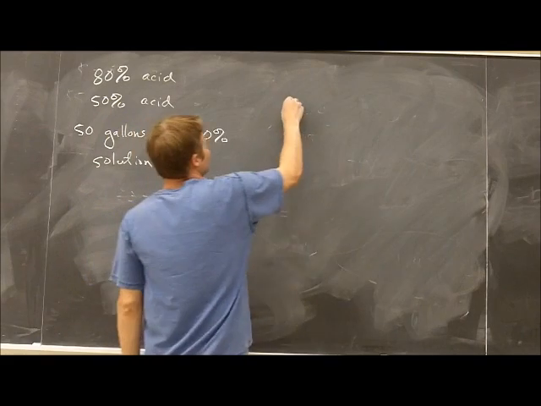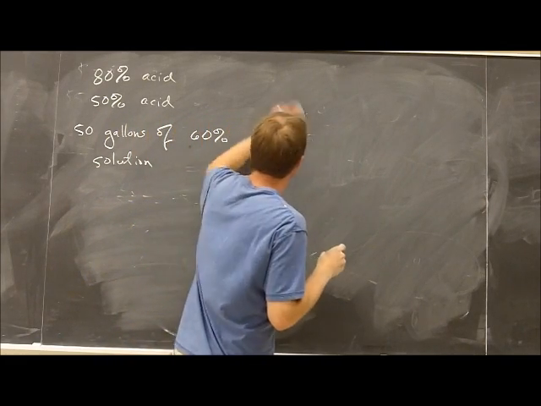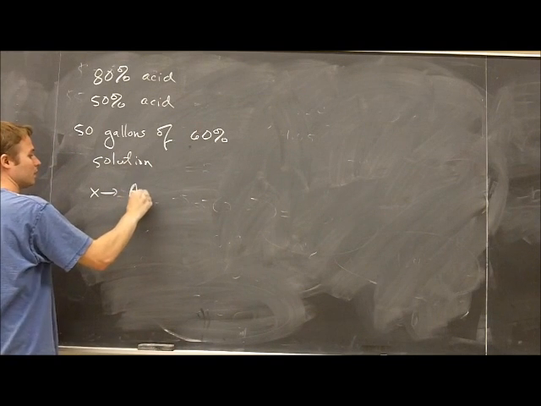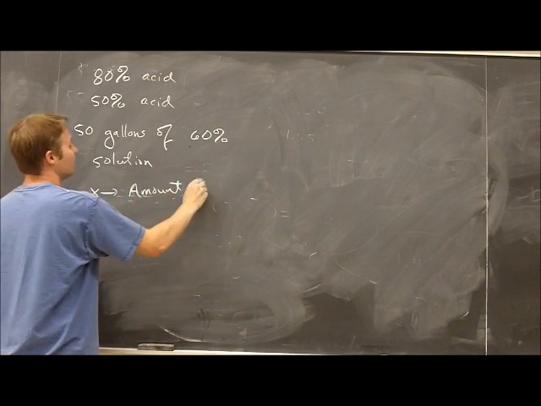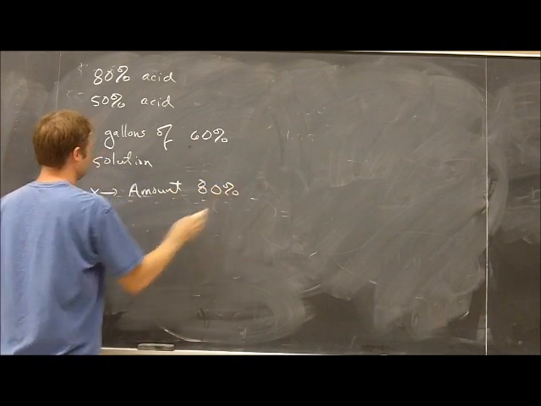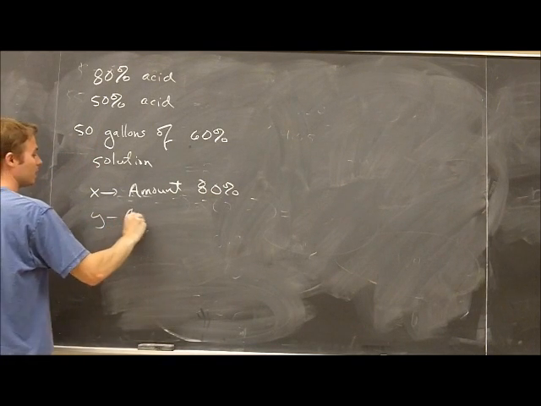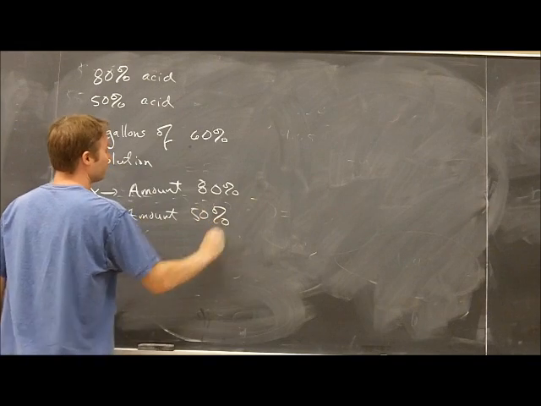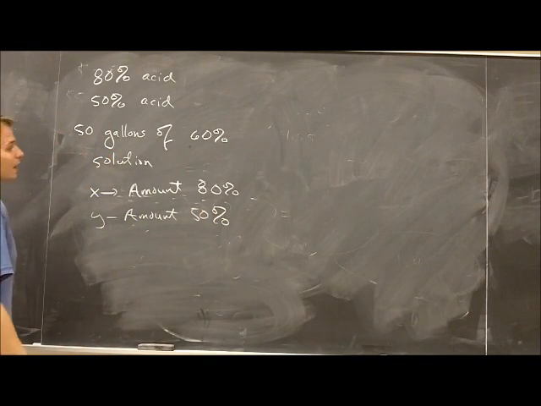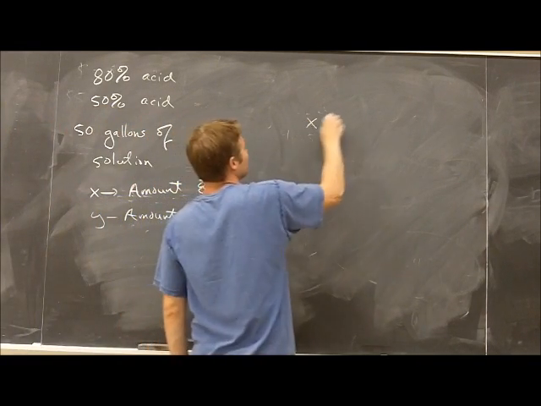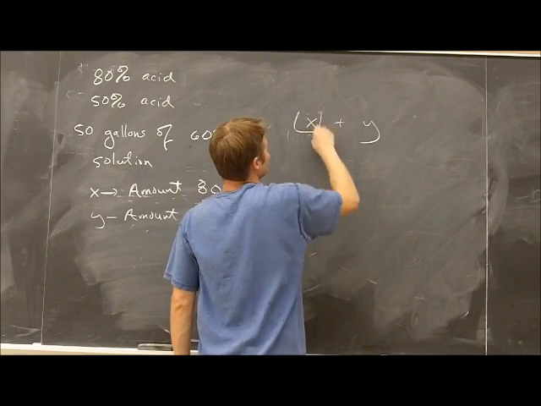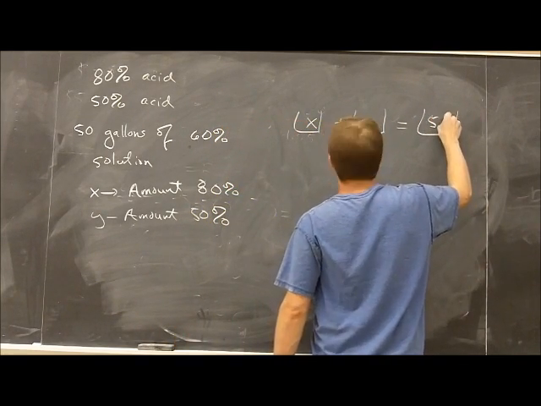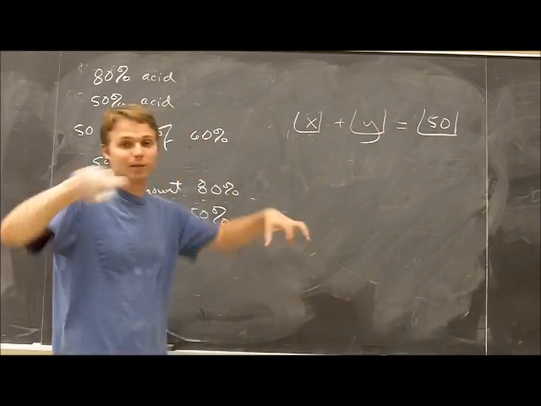Well, again, I'm going to use kind of my same method. I'm going to define some variables first. So x will be the amount of the 80% solution. y will be the amount of the 50% solution. And so when I add these together, I better get 50 gallons, because that's the amount that I'm going to pour together.